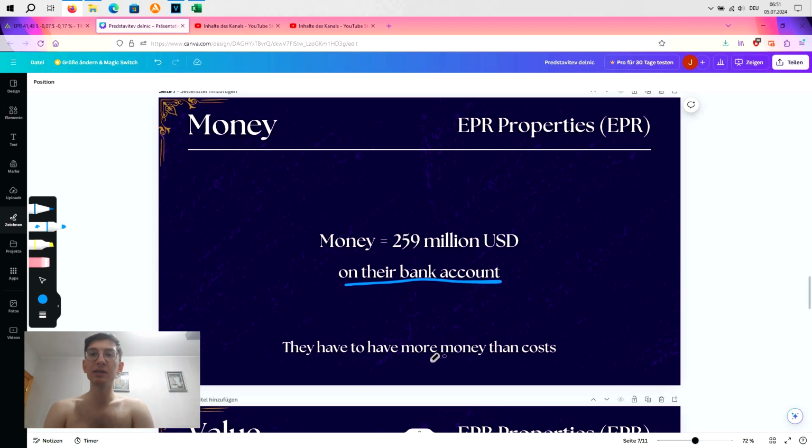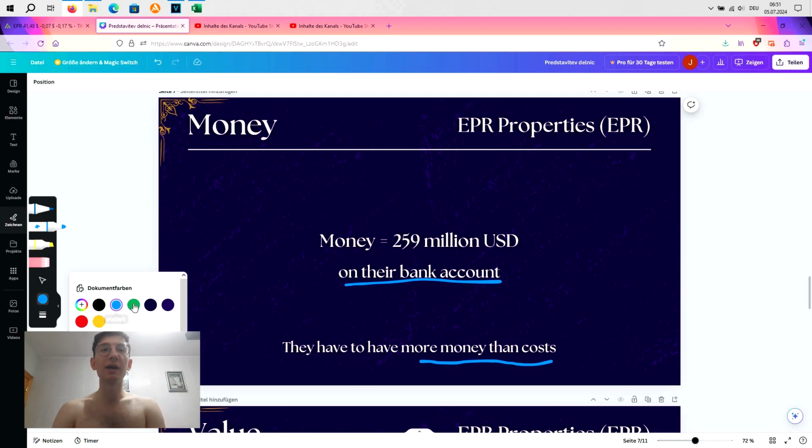Now, preferably they should have more money than costs in their bank account, because, you know, life is kind of unexpected. If you have a bank account balance in plus, that means that you can maybe pay some unexpected costs. Something unexpected happened, you can cover that without any worries. This is what I mean here. We want to have that security. We want to have a positive bank account balance so that we can cover potential surprises, okay?